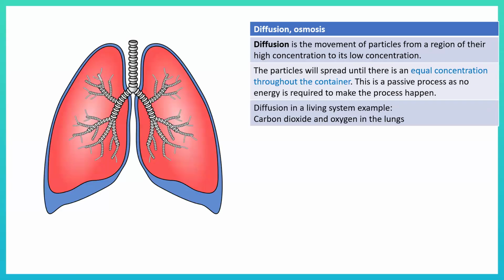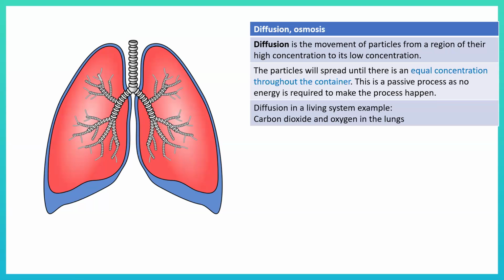It's how we get oxygen into our lungs. The oxygen is in a high concentration in the air compared to in our blood. So it moves from where it's in high concentration in the air to where it's in low concentration in our blood. And the converse happens for carbon dioxide. That moves from where it's in high concentration in our blood to where it's in low concentration in the air.